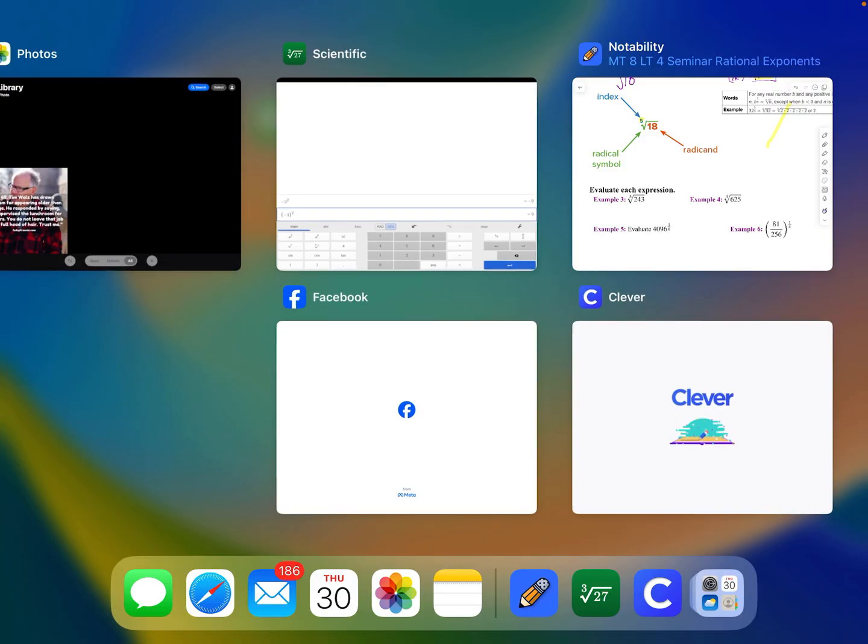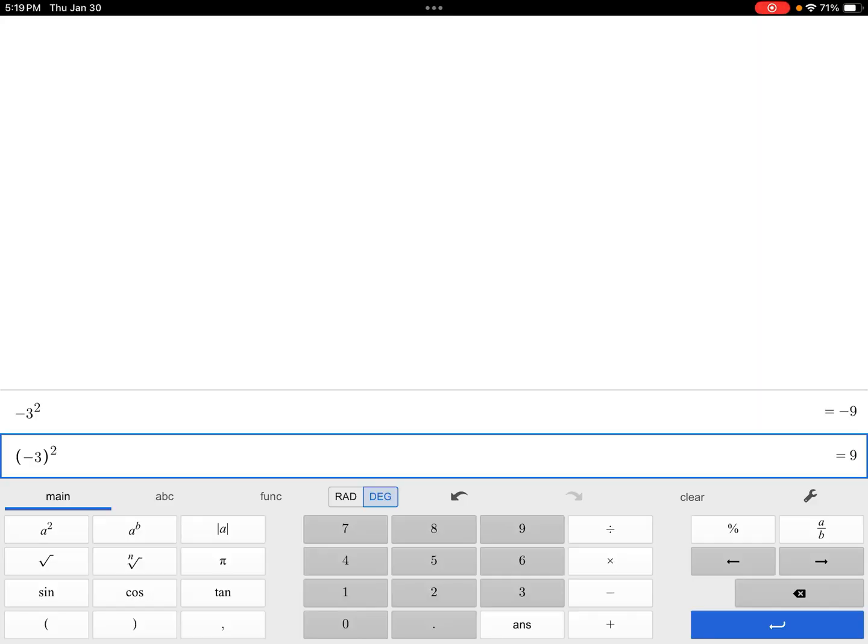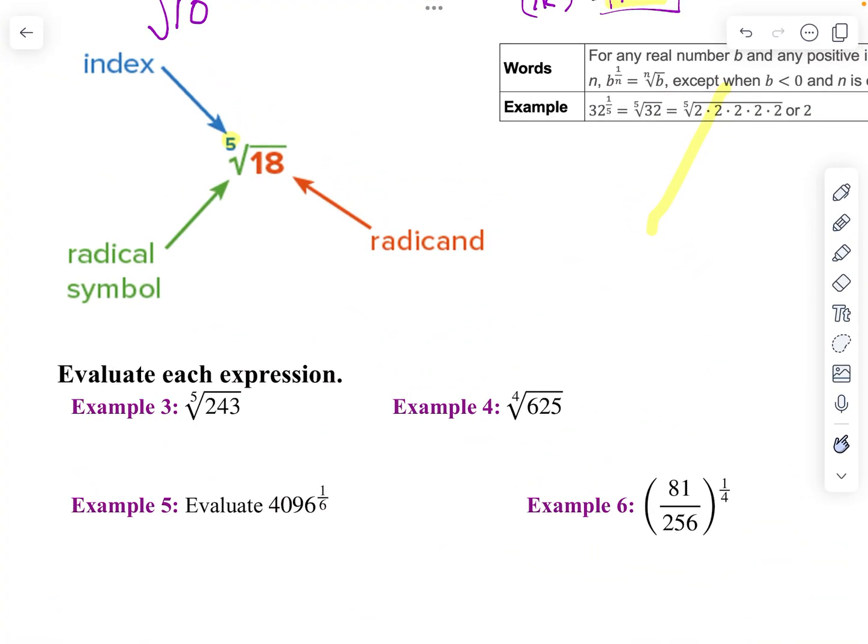In my calculator I'm going to guess 3 to the 5th power, and we get 243. Notice I've got that nth root; I could actually type the 5th root of 243, and I get 3. So my answer is 3.